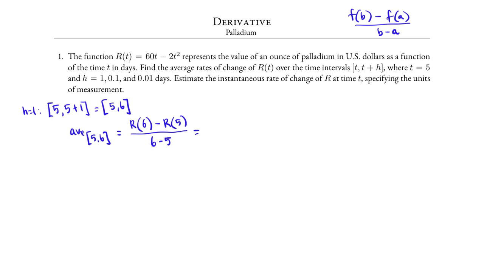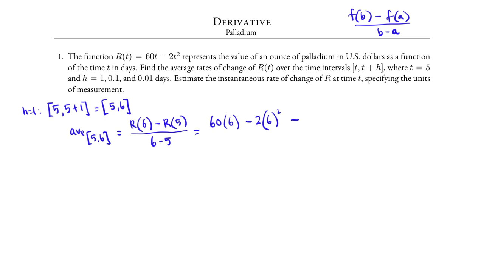The function is now r of t instead of f of x. R of 6 is 60t minus 2t squared, where t is now 6. We substitute t with 6.